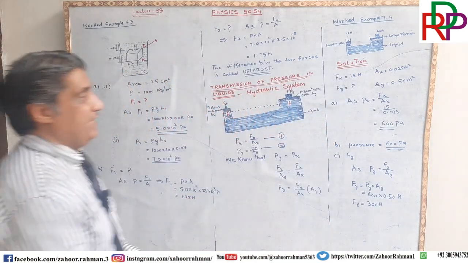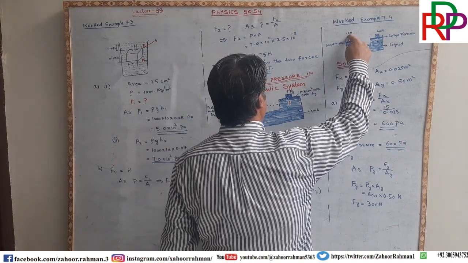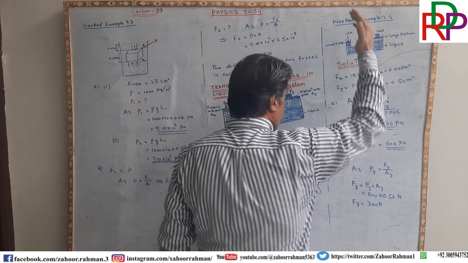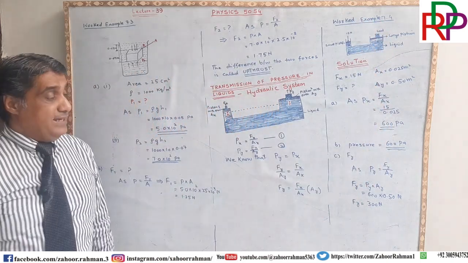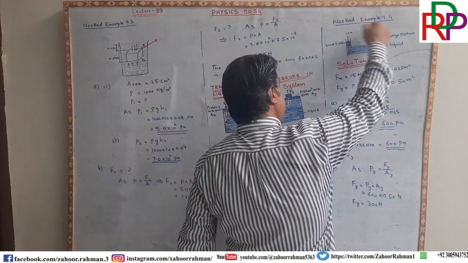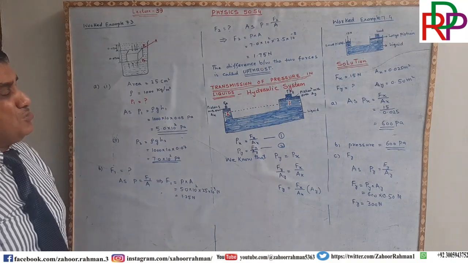It is 15 Newton force at point X, and if you are applying 15 Newton force here, it will give you 300 Newton force at piston number 2.